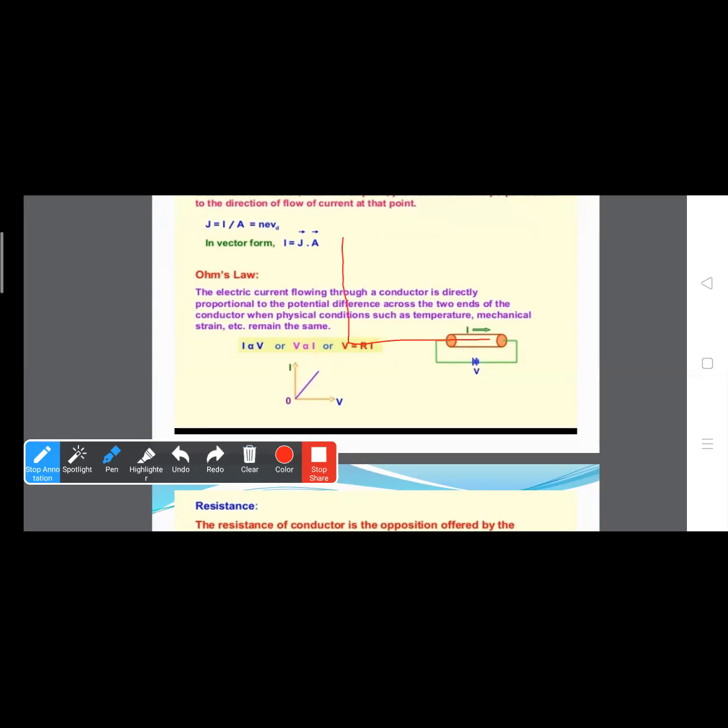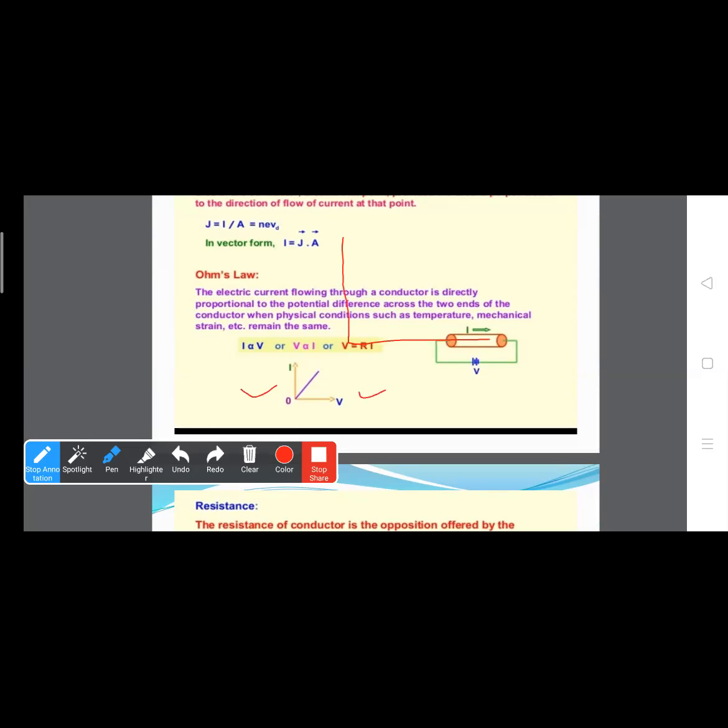Here R is known as the resistance of the conductor. It depends upon the length, shape and the nature of the material of the conductor, right? The variation between potential difference V and I through the conductor is a straight line.